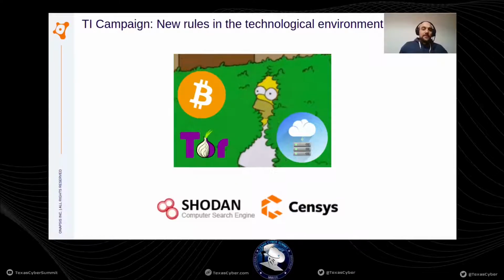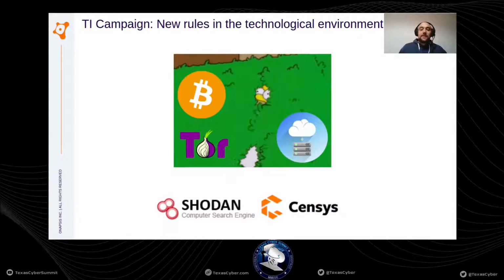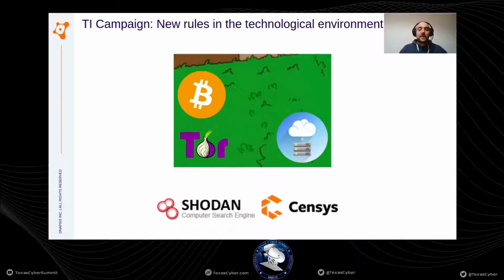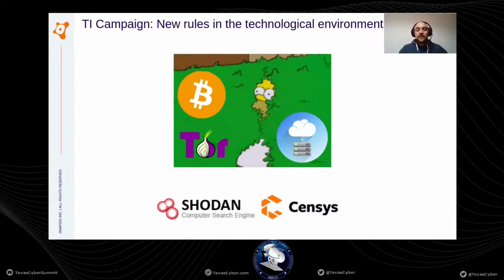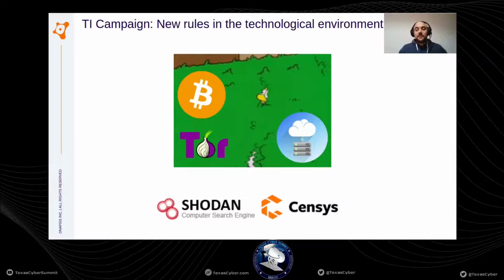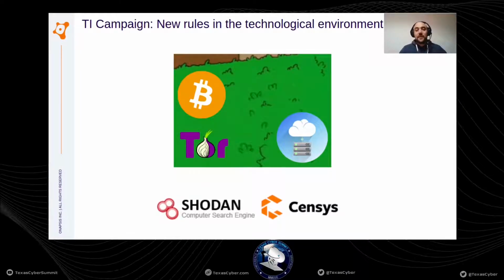These new rules in the technological environment, for example, anonymous payments and anonymous networks, and some VPNs in the cloud services that give the feeling of anonymity in the internet connection, bring new players to this game.